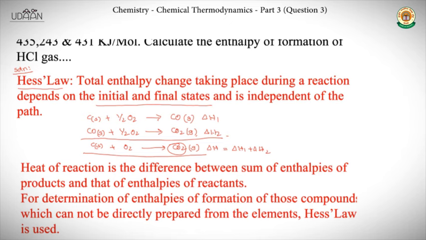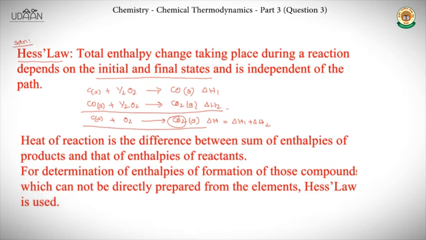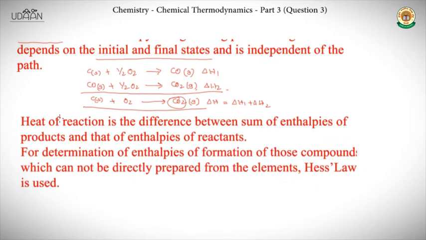Now, heat of reaction is the difference between the sum of enthalpies of products and that of reactants, which we covered in the theory. One more point is that Hess's law is generally used for determining enthalpies of formation of those compounds which cannot be directly prepared from the elements.